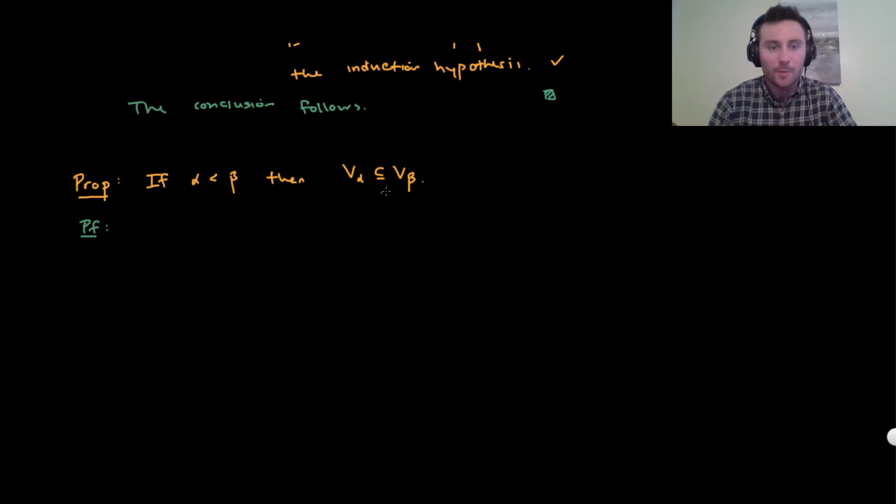So what's the proof of this? One way to interpret this is, we want to prove for all alpha, for all beta, assuming that they're ordinals, that if alpha is less than beta, then V alpha is a subset of V beta.